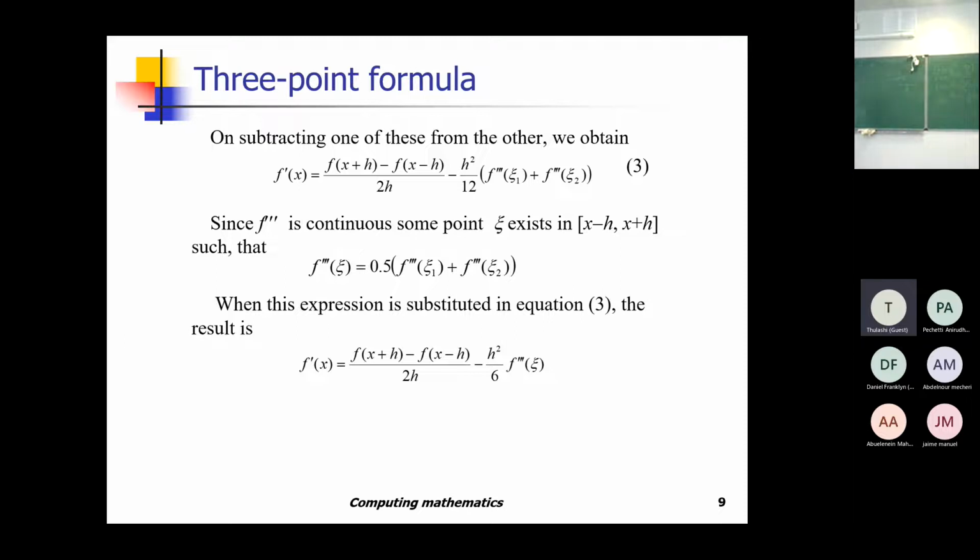Here, h to the power 2. The error depends on h to the power 2. It means if I decrease the step 10 times, the error will decrease 100 times, h squared.